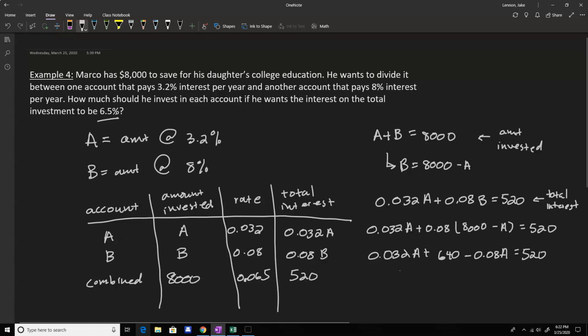Then we can combine 0.032A minus 0.08A, which is negative 0.048A, plus 640, equals 520.